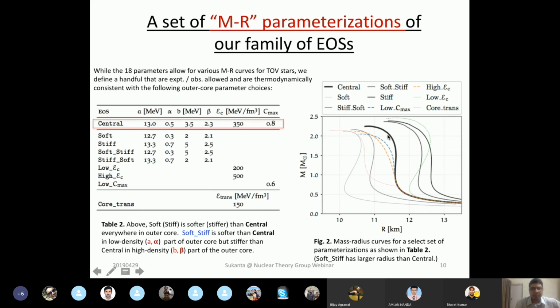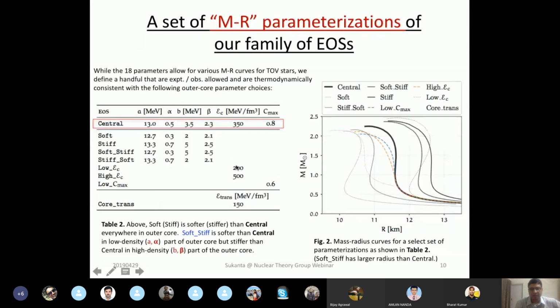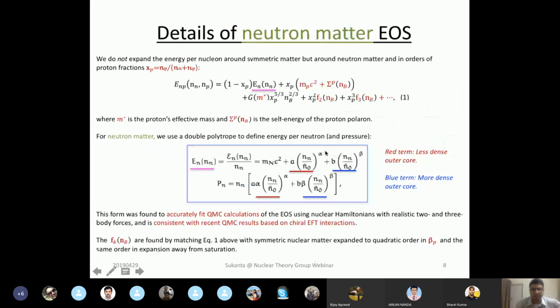But then if you vary about these parameters to make them softer or stiffer, you get different TOV MR curves. So for example, the double polytrope parameters A, alpha, B, beta, but also the transition density to the inner core, and also the maximum value of the speed of sound in the inner core, 0.8. These are the values chosen for the central equation of state. And once again, one last time, A, alpha, B, beta are the terms that characterize neutron matter using this double polytrope expansion.